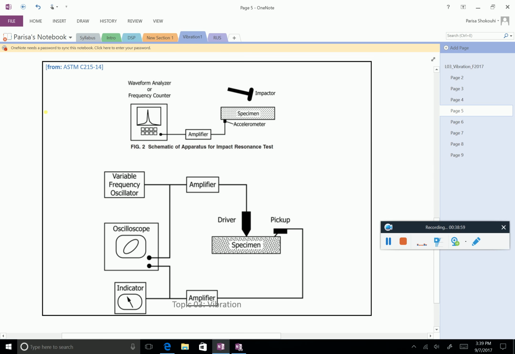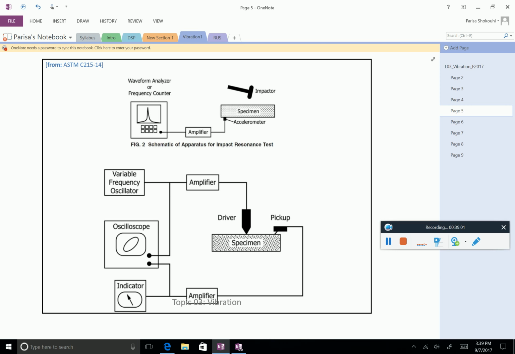And if you are familiar with some standard experimental setups, you may have seen that. Does anyone know this kind of testing? I don't know if you learned this in rock testing, rock physics. Do you do any kind of resonance testing to test the rock?